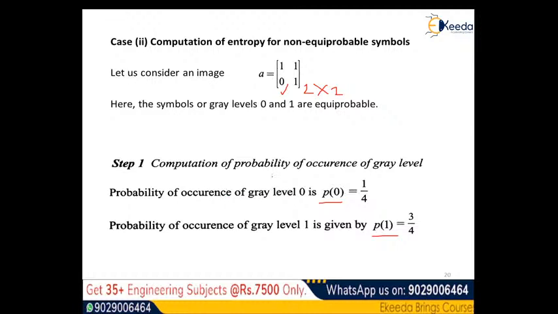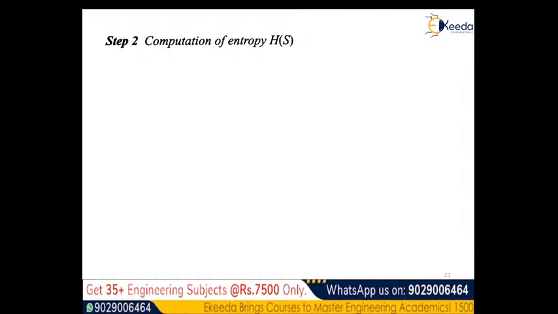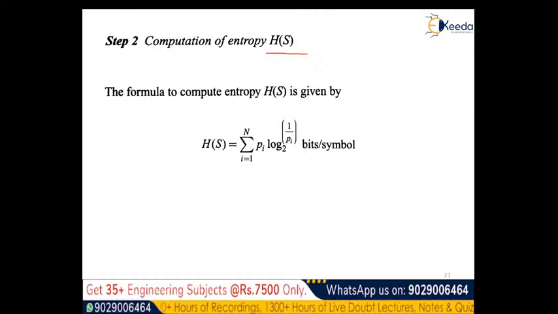So after knowing the probabilities of occurrences of the gray levels, we have to make computation of the entropy. See the entropy, here it is denoted by H of S here. So what is the formulation to have computation of H of S? Yes, of course we have used the same formulation, that is in terms of the probabilities of occurrences here. Here it is the formula.